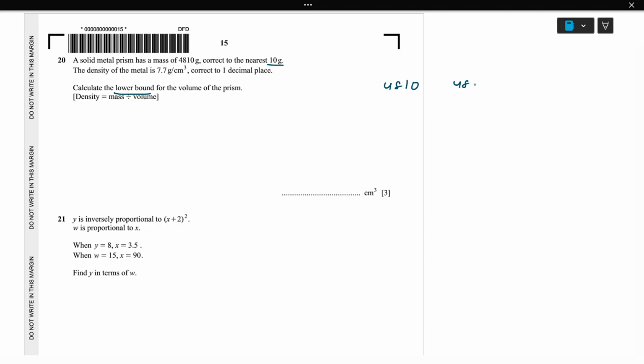So 4815 is the upper bound and the lower bound is going to be 4805. Next, density is given 7.7. So here 1 dp, so 0.05, 7.75 and 7.65 here.